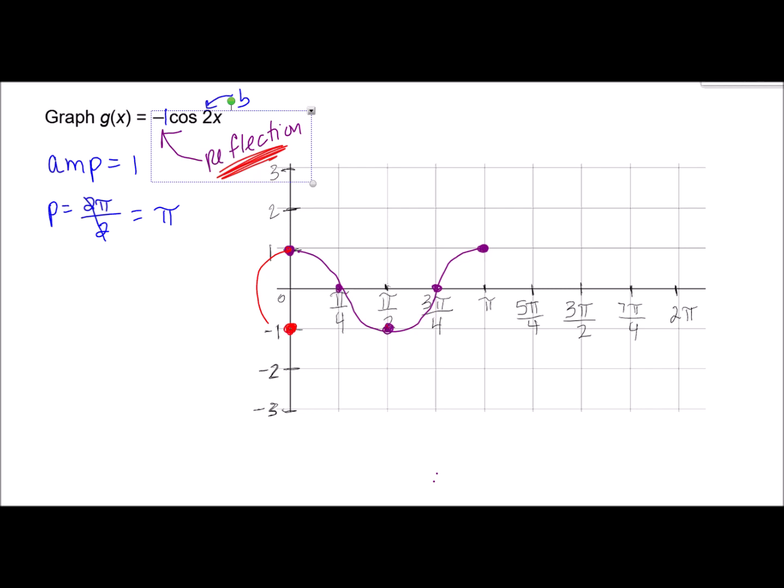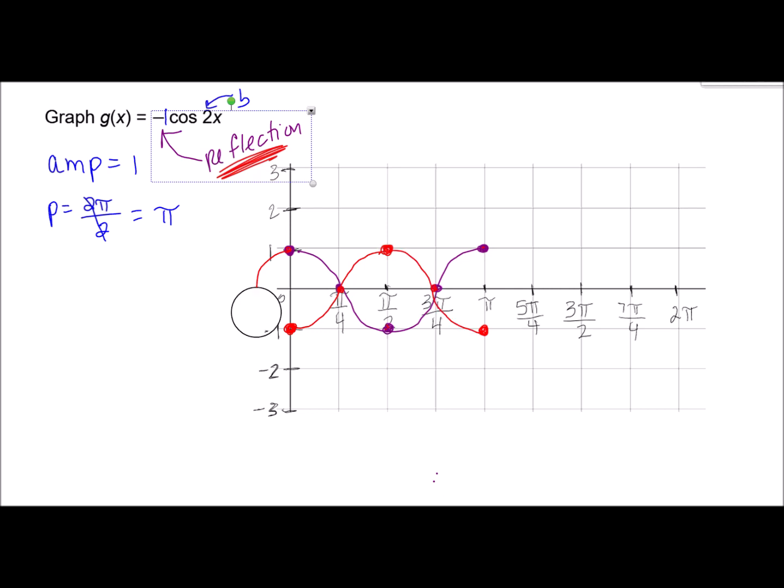This guy right here flips up and goes to the top. This guy at the end was a maximum. Now he flips down underneath and becomes a minimum. And the intercepts do not change. So your final graph is this guy right here, the flipped upside down one.